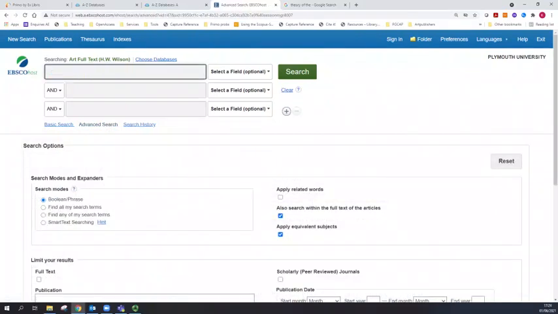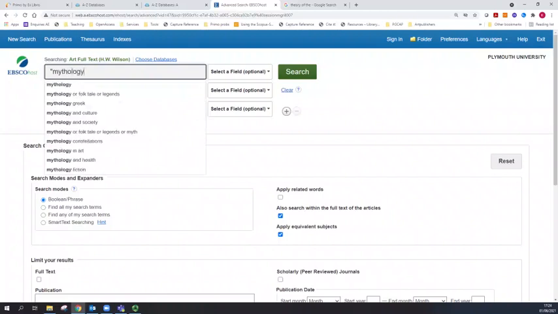The final type of wildcard that I want to show you today is truncation. And bear in mind, there are quite a few different types of wildcards and tips and tricks you can use, and you can find all of these in the help in Artful Text. But truncation is a really useful one. If we had a phrase, for example, that included the word mythology in it, we might want to retrieve this word as mythology.